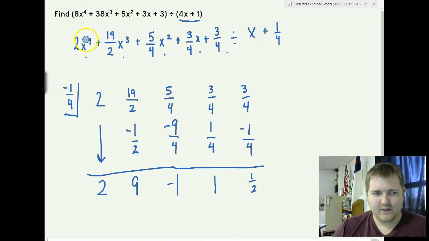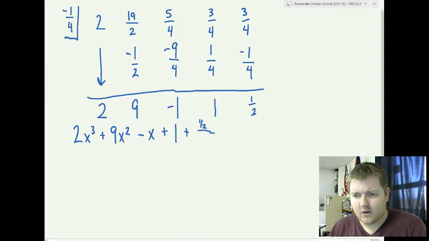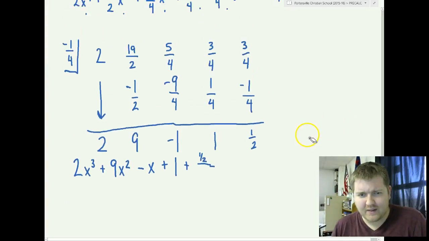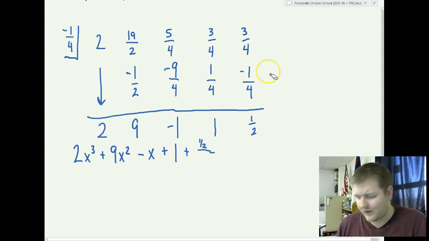So cascade your powers down, you get 2x cubed plus 9x squared minus 1x plus 1 plus 1/2 over what we were dividing by, which is, in this case, x plus 1/4.